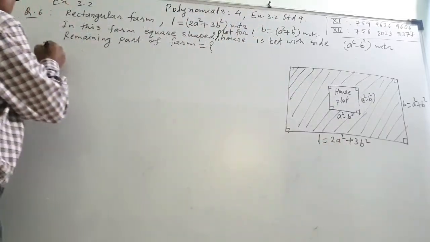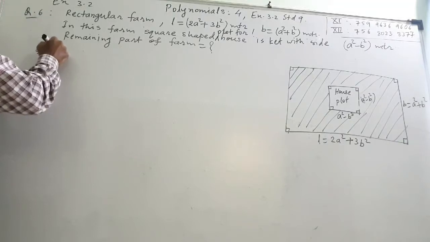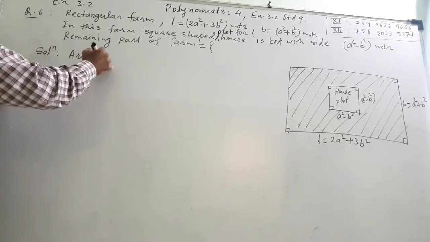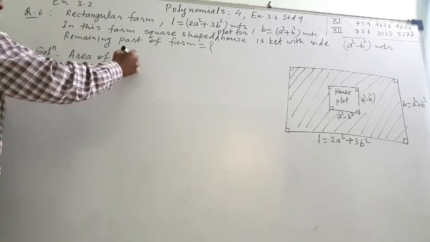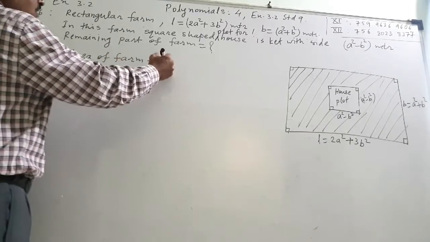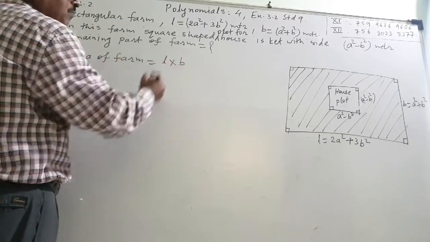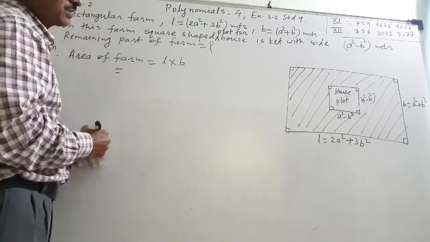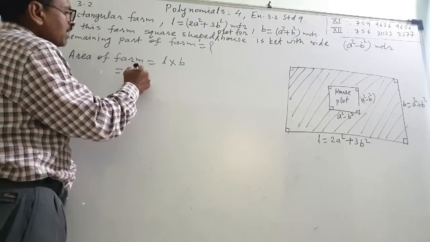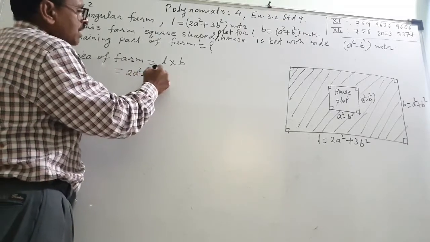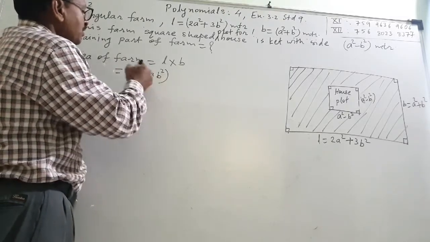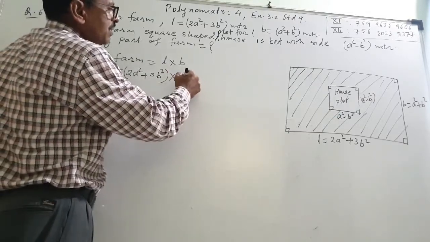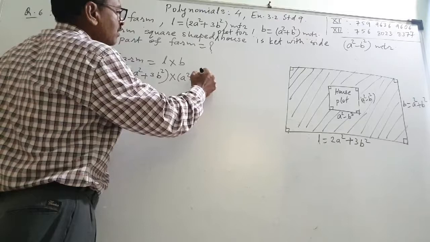So, solution. Area of farm is equal to L into B, that is equal to 2a square plus 3b square into a square plus b square.